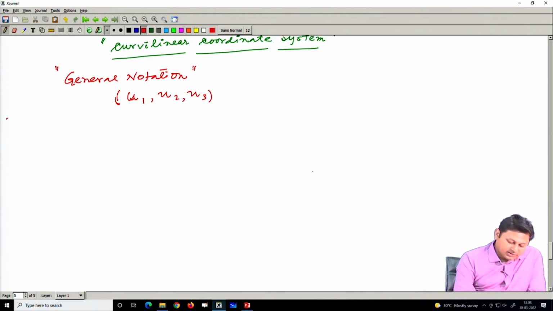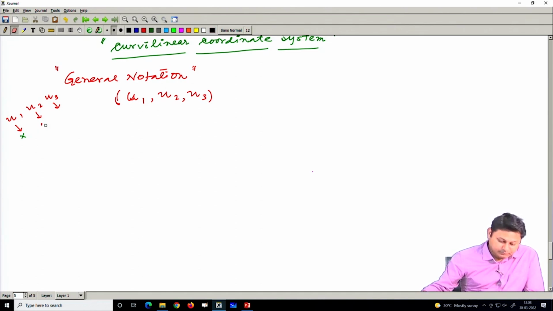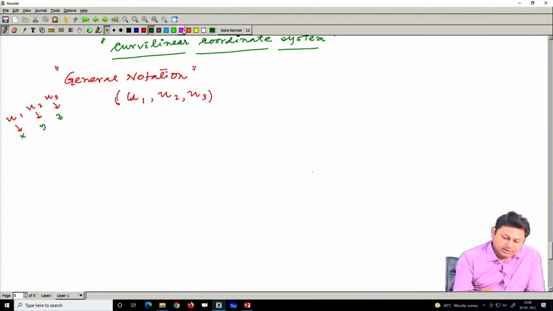In Cartesian it is x, y, z; in cylindrical it is rho, phi, z; and in spherical polar it is r, theta, phi.